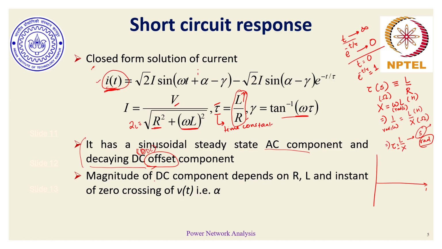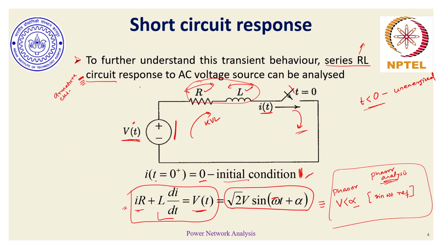So if I have to find the AC and DDC RMS values, I would first focus on the RMS value of this AC signal. Recollect the phasor domain discussion that we had in slide number 4.